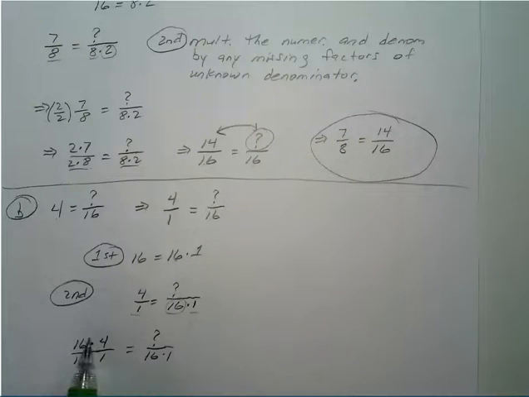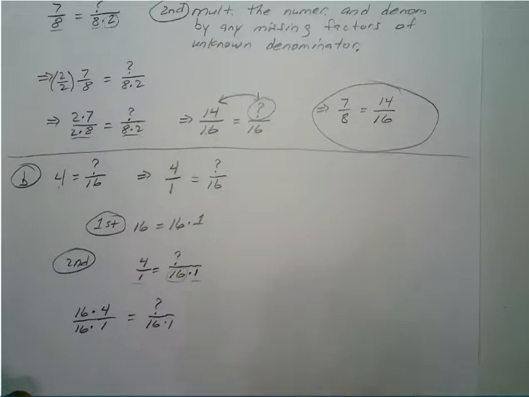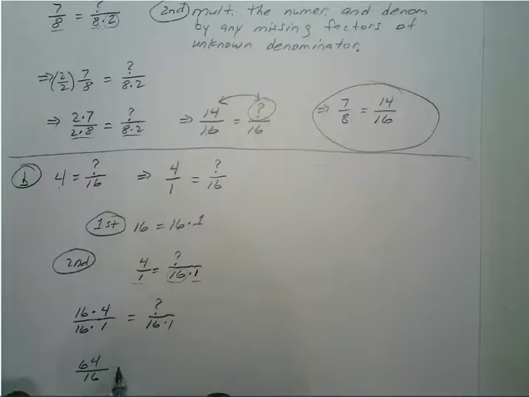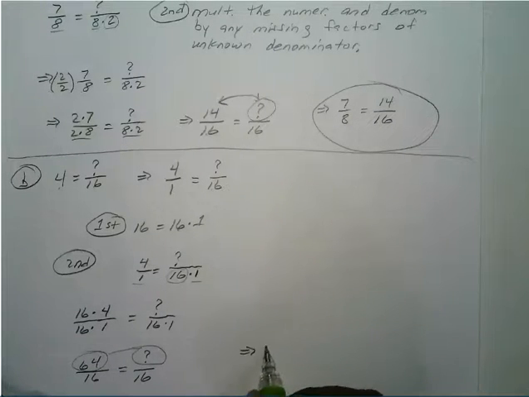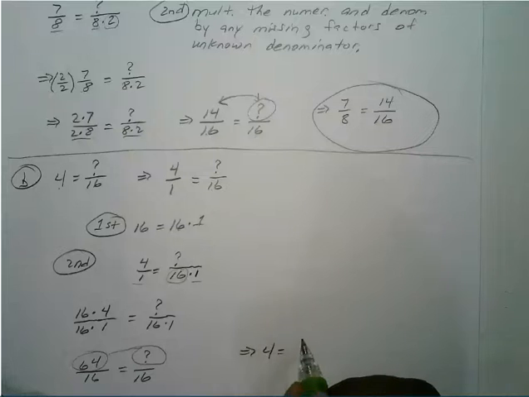So 16 times 4 is 64. This gives us 64 over 16 is equal to some unknown over 16. The only way this can be true is if your unknown is equal to 64. So that tells us that 4 is equal to 64 over 16.